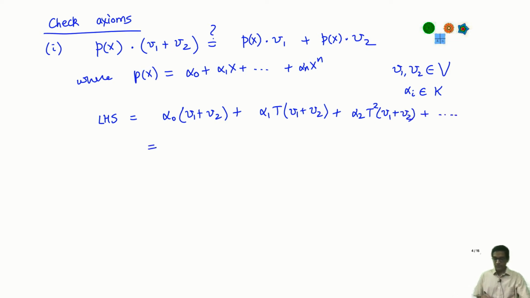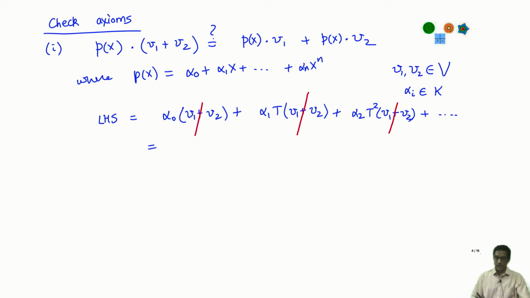But the key observation here is that each of these terms actually splits into two pieces. So T of v1 plus v2, remember T was a linear operator, so I can write it as Tv1 plus Tv2. If T is a linear operator, T composition T is also a linear operator, so T square is linear. So T square of v1 plus v2 will again split into two pieces.